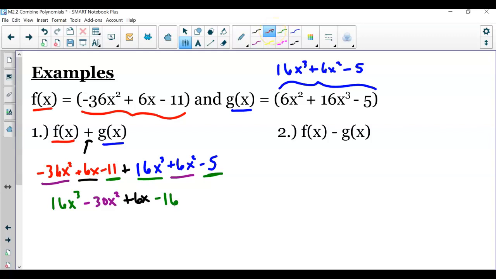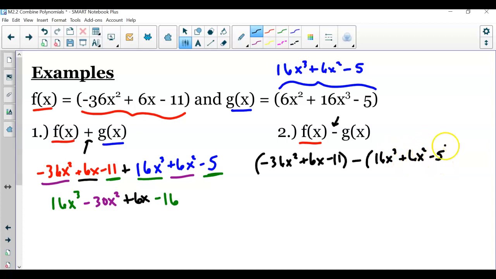So notice how here we have f of x, but now we are subtracting. So I'll go ahead and write out f of x again, which is negative 36x squared plus 6x minus 11. Then minus our g of x, which is 16x cubed plus 6x squared minus 5.